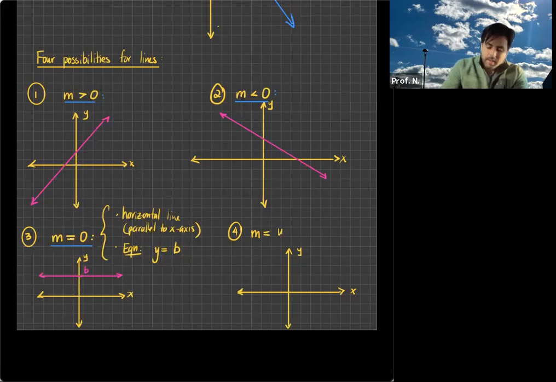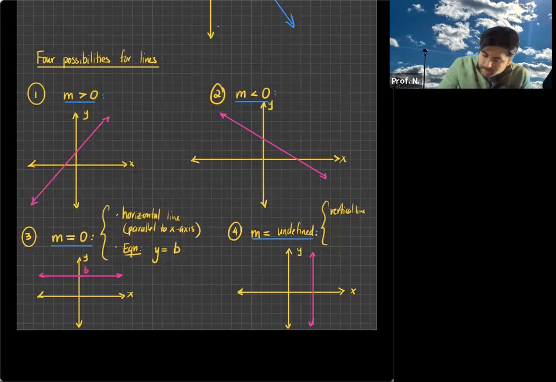We say the slope is undefined, which you can think of as being infinite, because infinity also is not clearly defined as to what infinity means, at least not for this context. So slope is undefined. If you have a slope that's undefined, what you're going to get is a vertical line.